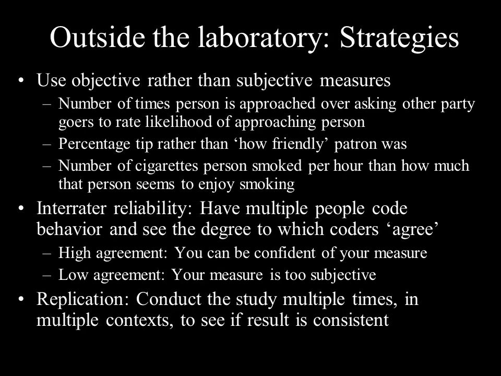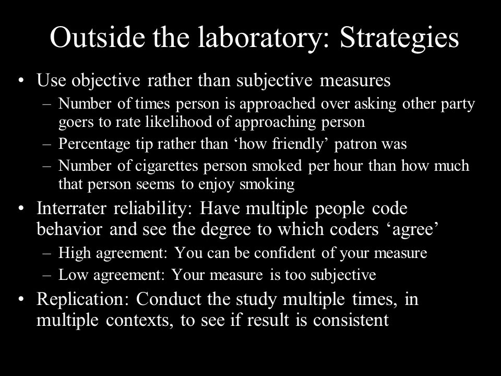It's important when you're outside of the lab to use objective rather than subjective measures. So instead of rating on your own kind of scale how happy someone seems, you would rather use something that's more measurable by behavior. So percentage of tip is much more concrete than how friendly you perceived a patron as being.